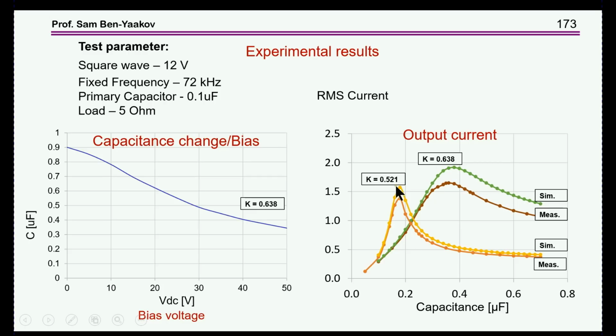And here we see that by changing the capacitance, we get maximum current of charging, and here also maximum. This is, of course, higher because the coupling coefficient is larger. So the larger coupling coefficient allows you to get more current.